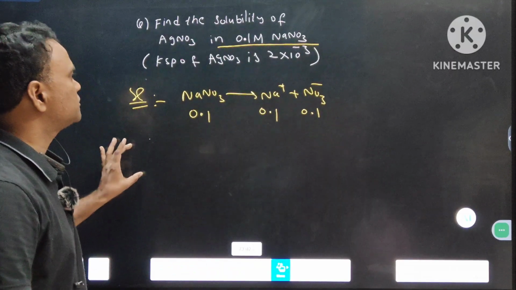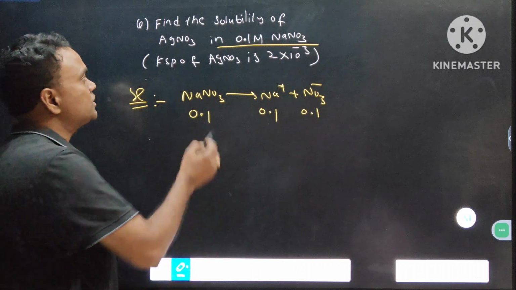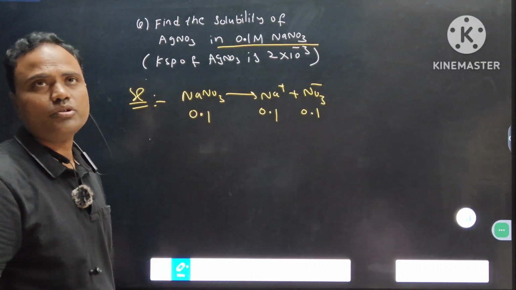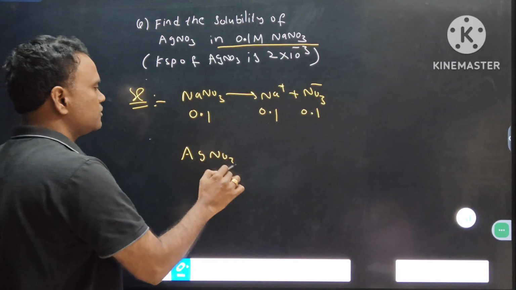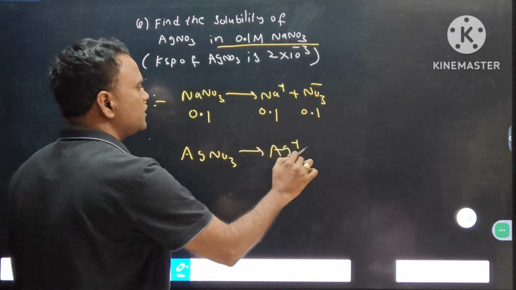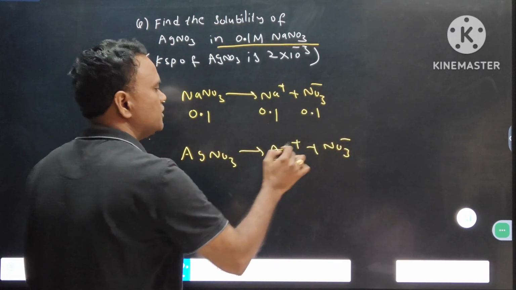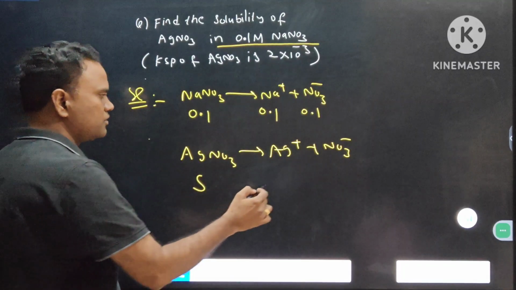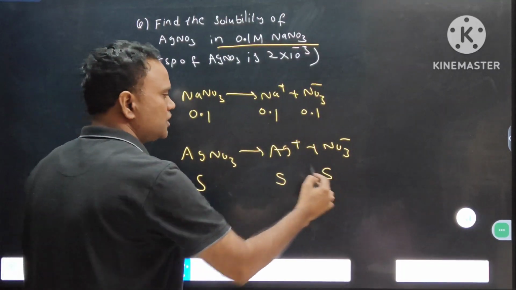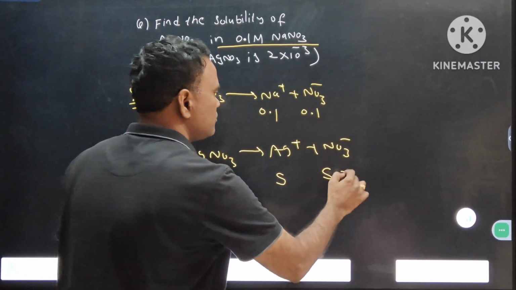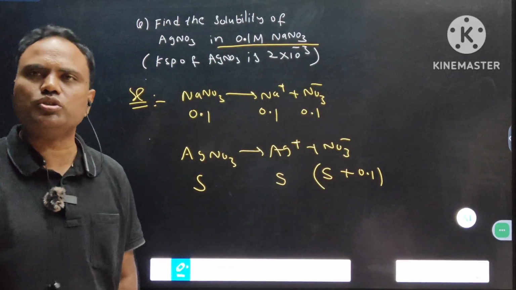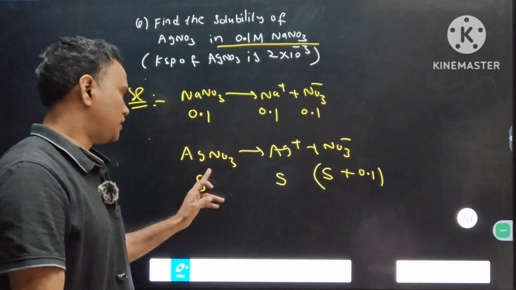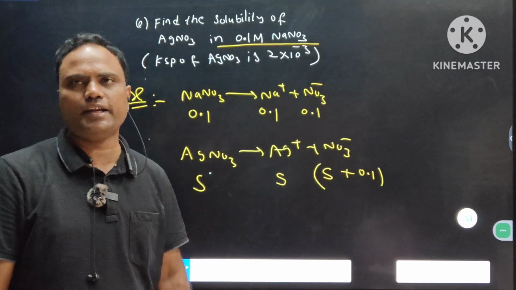After that, the weak electrolyte. What is weak? Whose solubility we are going to find? That is the weak electrolyte. AgNO3 gives rise to Ag plus and NO3 minus. This is S, this is S. S plus 0.1, because nitrate ions are coming from both AgNO3 and NaNO3.